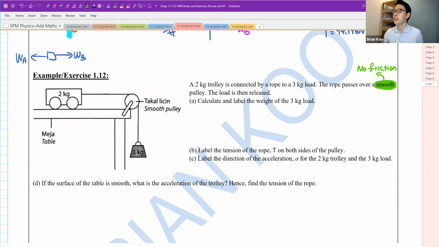Yeah, no friction. That's good. And then calculate and label the weight of the 3 kg load. Okay, so let's try. Find out the weight of the 3 kg load. Weight is just very easy only. Kg change to Newton. How to do? M mass times gravitational field strength or gravitational acceleration.